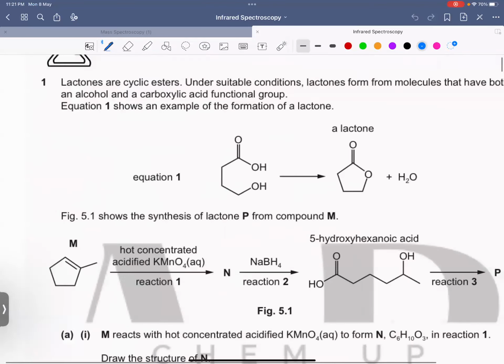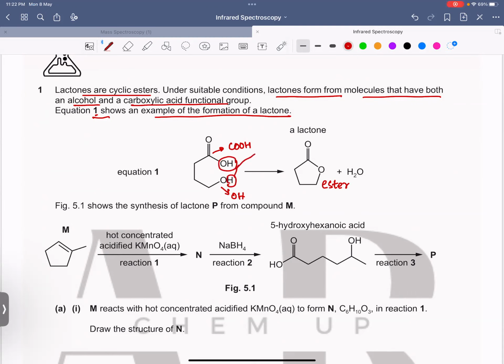And here you are getting an ester because OH from this and H from this turn into water, and as a result, this carbon is bonded to this oxygen. Is this understandable to everyone? Yes.